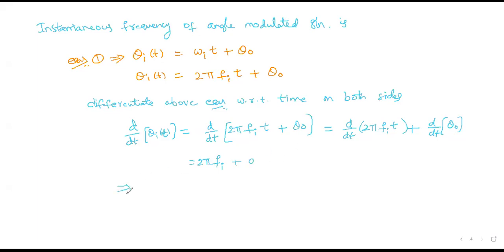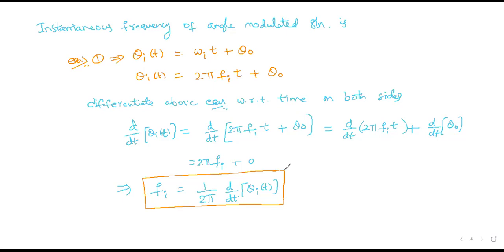Now from this, I can say that fi is equal to 1 by 2 pi into d by dt of theta I of t. What is this? This is nothing but the instantaneous frequency of the angle modulated signal.